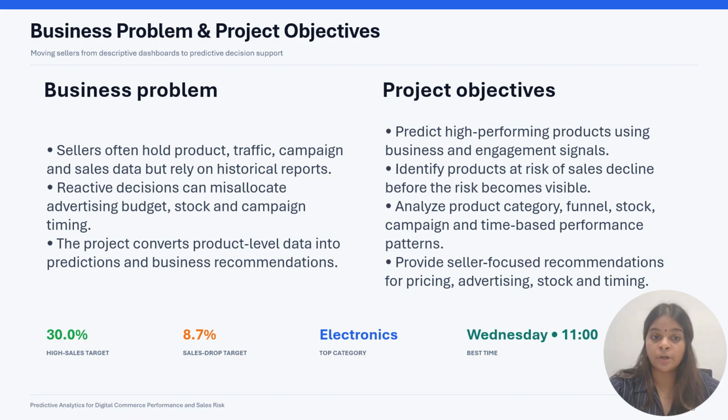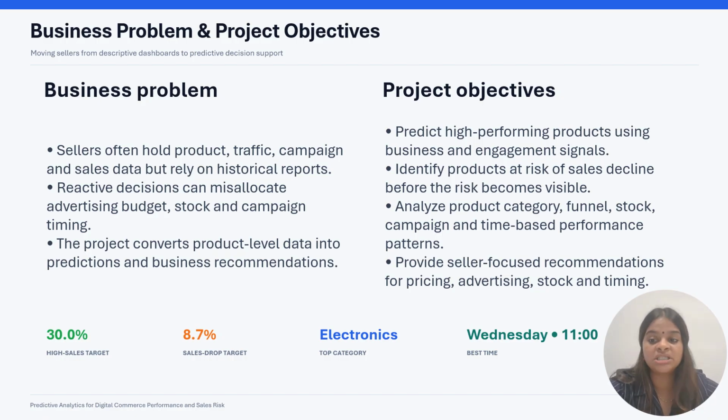Let's look into the business problem and project objective. The main business problem behind this project is that many online sellers already have access to product traffic, campaigns, and sales data, but they still rely mostly on descriptive dashboards and past reports. This means that important decisions such as advertising budget allocation, stock planning, and campaign timing are often made reactively rather than predictively.